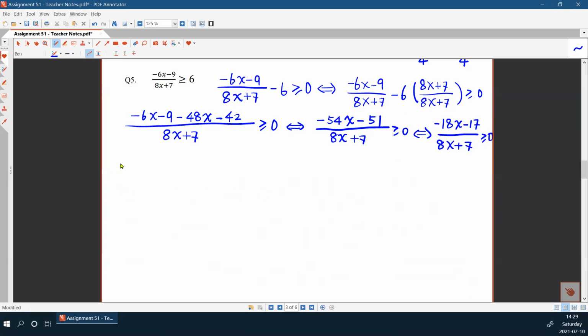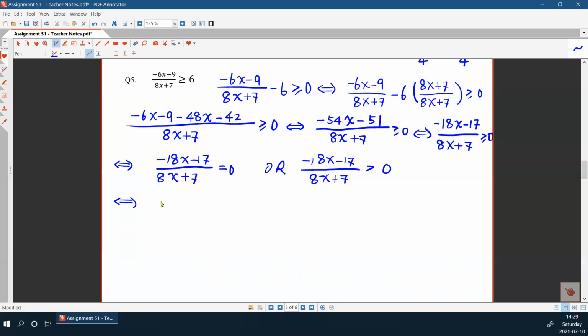Okay, and this is actually equivalent to, first of all, the ratio here can be 0, right? Or it can also be greater than 0, right? So we have 2 branches here. And next step, if we have a ratio that is 0, this is equivalent to the numerator must be 0. And at the same time, the denominator cannot be 0, right?